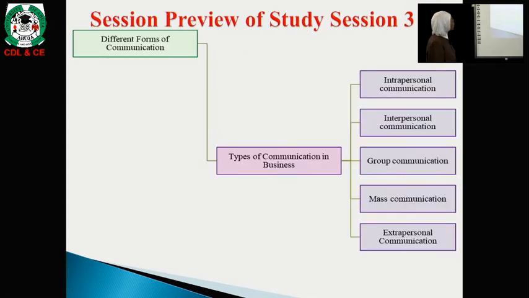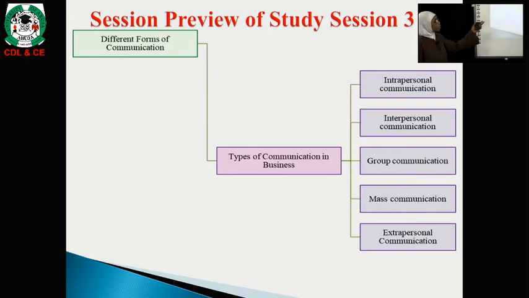This is the diagram for the modes of communication. You can see different types of communication in business: intrapersonal communication, interpersonal communication, group communication, mass communication, and extrapersonal communication.